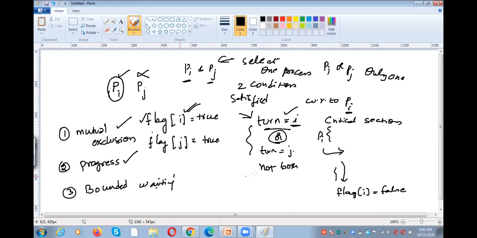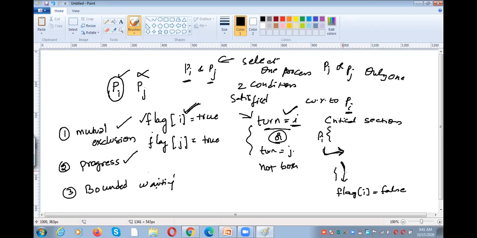And then what is bounded waiting? Bounded waiting means the same process does not use the critical section again and again. For example, in this example, PI has entered into the critical section. Why? Because flag of I equal to true and turn is also I. Both conditions are satisfied.